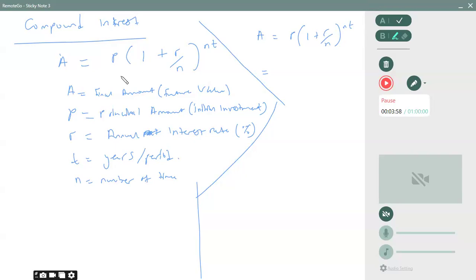So from the question that has been given to you, you will notice that when you have this formula, the principal or the initial amount, I prefer calling it the initial amount, is 4,500 into (1 plus the rate).